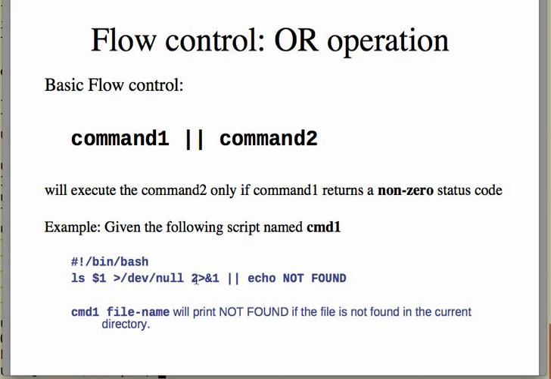And so therefore, if you have as an argument to the script something that doesn't exist and ls gives you an error, then you print out echo not found. Okay, so it's very similar to the thing that we just ran, but it's slightly different. We use an OR instead of AND, and in the case of OR we say echo not found, whereas in the AND we said echo found.